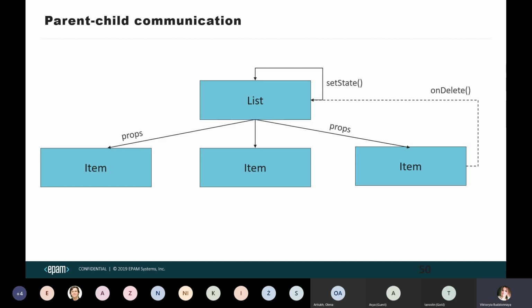So to update one child of this parent, we need to call some function of the parent from another child. This is a bit complicated logic, but here on the diagram, we have this function that updates the parent from the child.